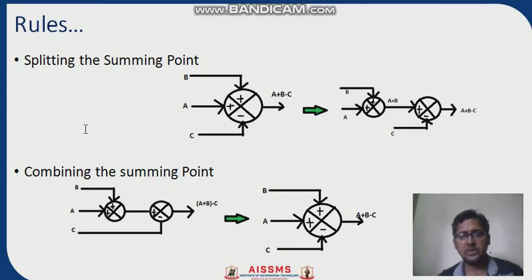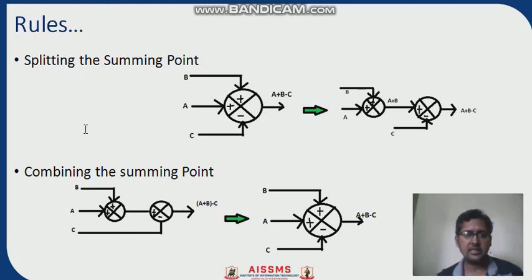Here one summing point has two plus signs and one minus sign, and the overall output is A plus B minus C. One can split that summing point into two summing points: A and B are the two inputs to one summing point, and its output goes to another summing point where C is subtracted, giving A plus B minus C.